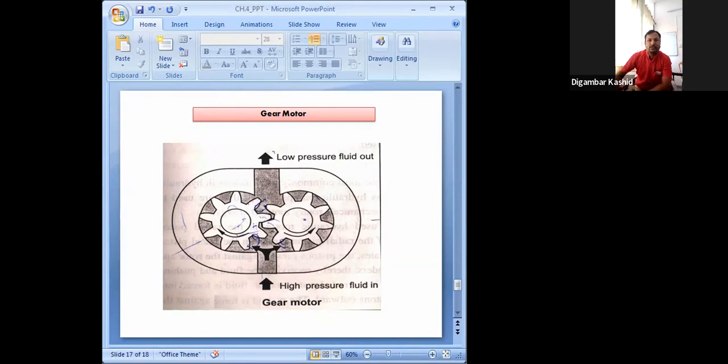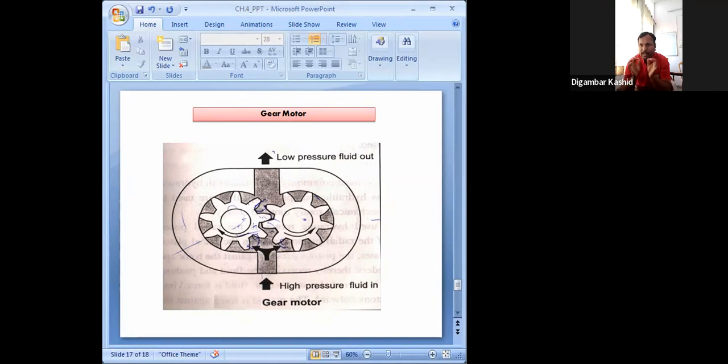Getting it? So the same construction and operation we have seen for the hydraulic gear motor and also the gear pump, and here I have explained it for our gear air motor. Getting it? So this is a continuous rotary air motor, the gear motor. Getting it? Understood?